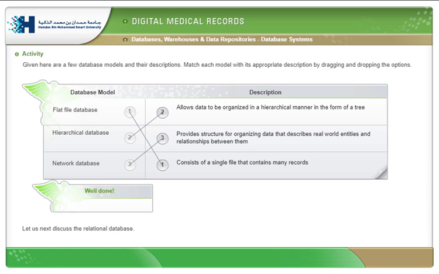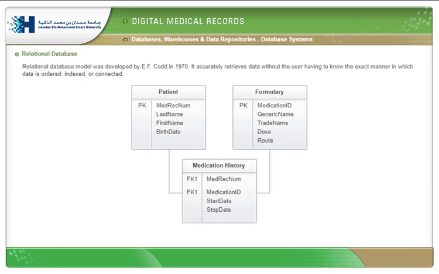Let us next discuss the relational database. Relational database model was developed by E.F. Codd in 1970. It accurately retrieves data without the user having to know the exact manner in which data is ordered, indexed, or connected.